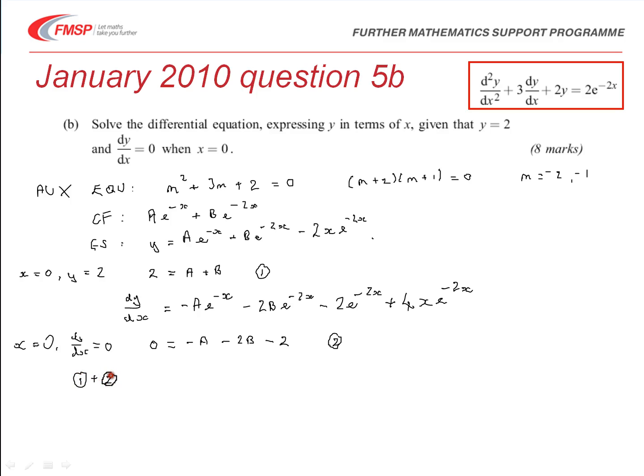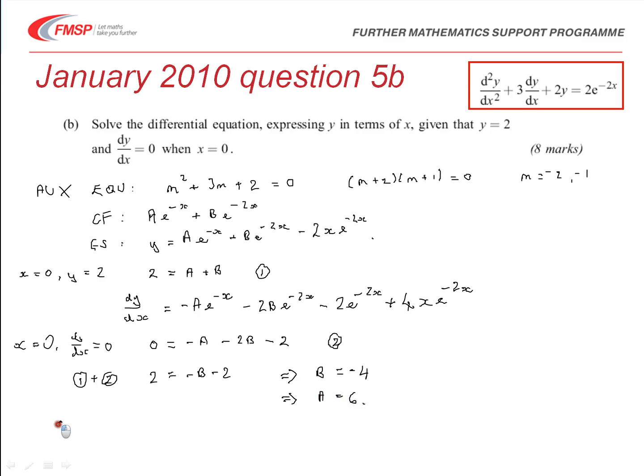We add 1 and 2, we're going to get 2 = -b - 2, and so that tells us that b is equal to -4, and if we then substitute that into a + b = 2, that tells us that a is going to be 6.